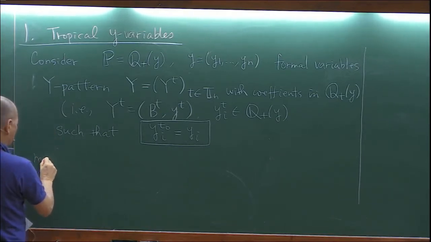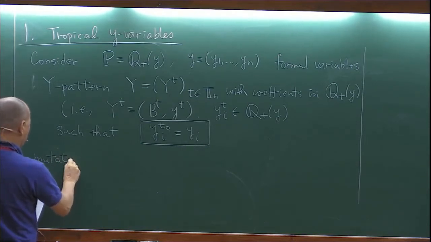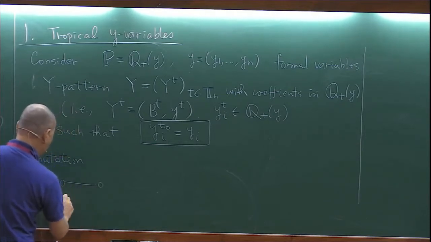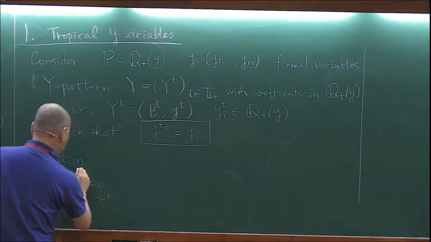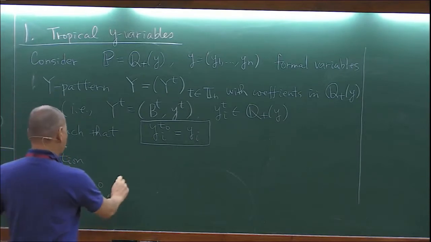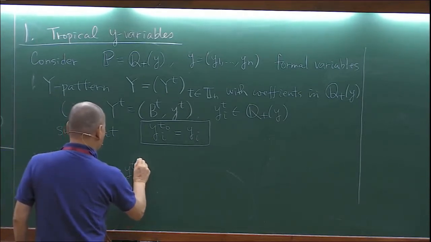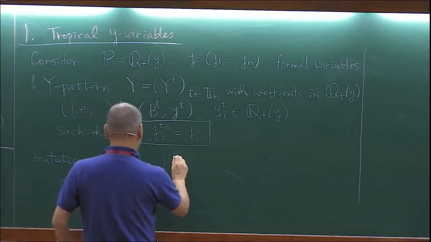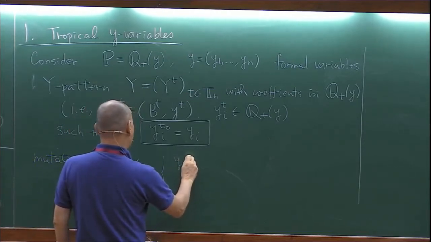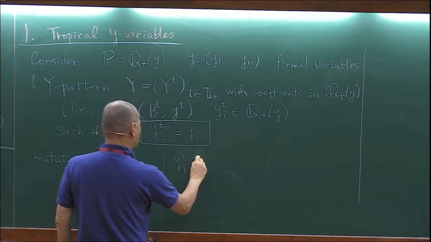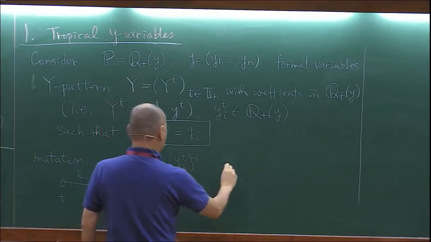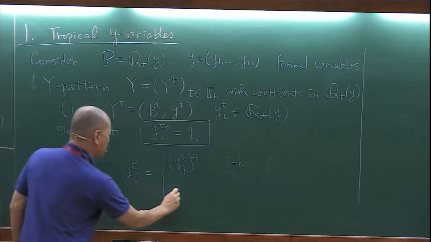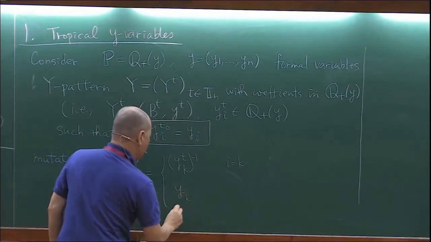Now it's time to recall a more explicit formula. What is a mutation? When you have such an arrangement, the y variable at t' i is related by the following formula: y_k(t) inverse when i is k, which is the simplest case, and otherwise it's a little bit more.